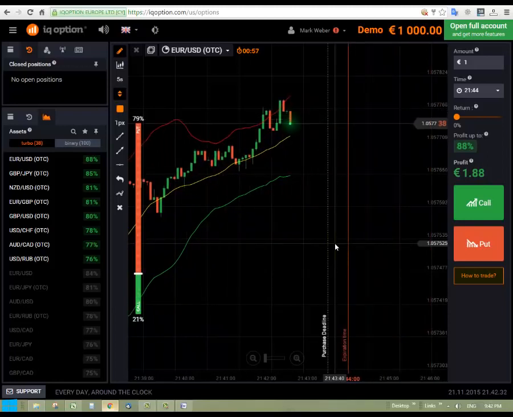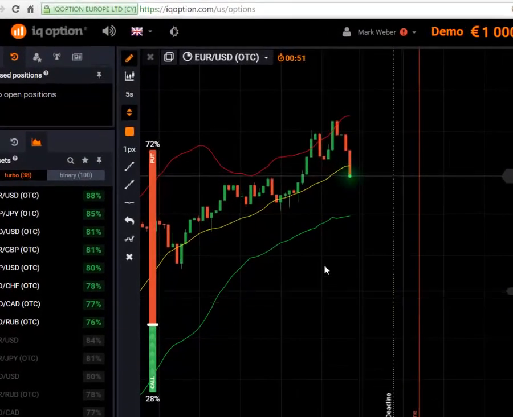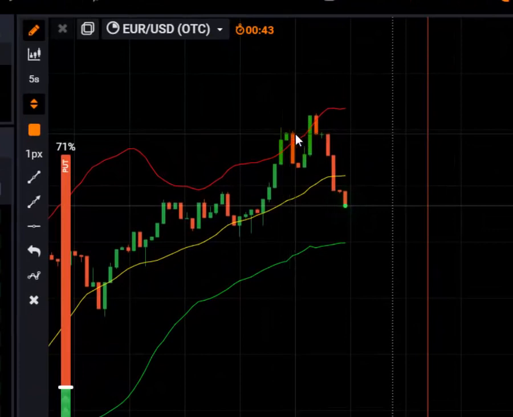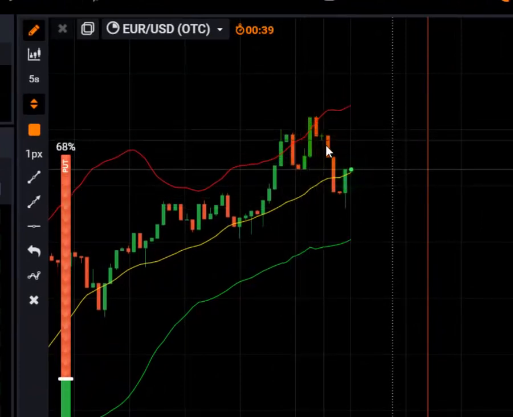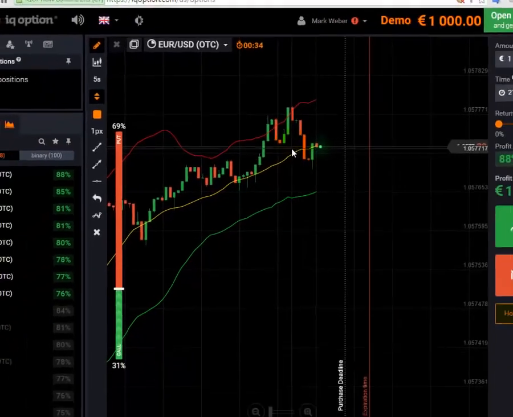One thing you should know about the Bollinger Band strategy is that price tends to return to the middle of the bands in this position. You can see it here. The price went up, then a little bit down, then again up, and then went down into the middle position.